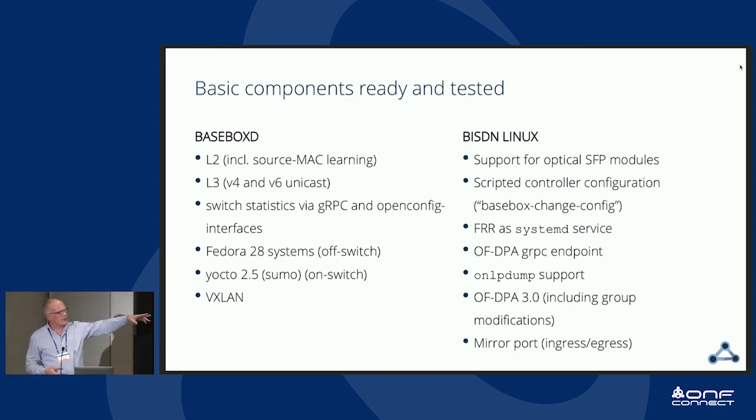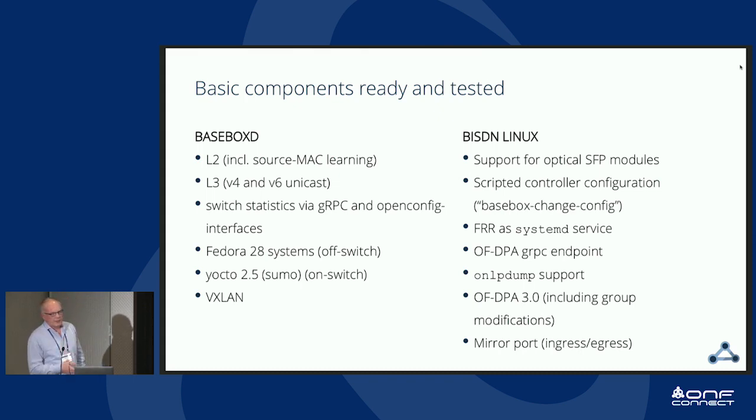We have FRR as systemd, so all of the stuff that we do is working on systemd network D. So you're also configuring your interfaces, if you want to have static interfaces, via systemd network D. There is an API to it that is a gRPC API. So you would be remotely speaking OpenConfig, and that would be locally translated into the systemd network D configuration.